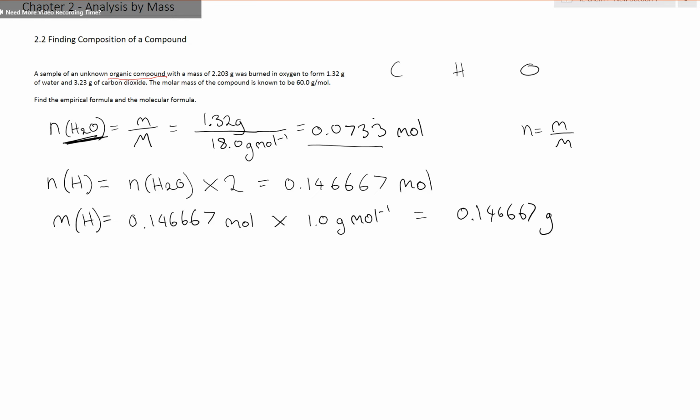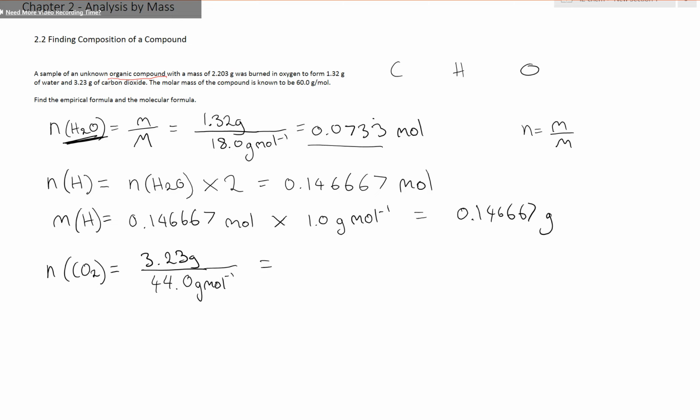Now carbon, we know is being converted into carbon dioxide. We can find out how many moles of carbon dioxide we have. So it's going to be the mass, which was 3.23 grams, divided by the molar mass of carbon dioxide, which is 44.0 grams per mole.